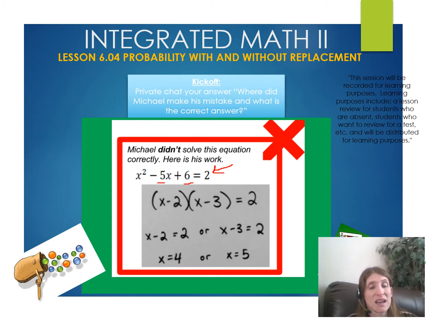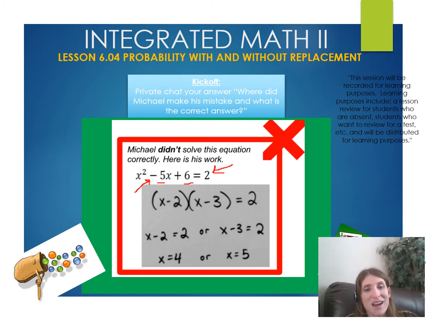And you can see that we've put a negative and a negative because this middle term has a subtract sign, or negative. Okay, so then we know that each one we set equal to whatever's on the other side. Normally that's 0, and we've only done it with 0. So what they've done is said x minus 2 equals 2, and x minus 3 equals 2. Then they added 2 on the first one and got 4, added 3 on the second one and got 5. So it appears that if you can have that equal to 2, everything is done correctly.